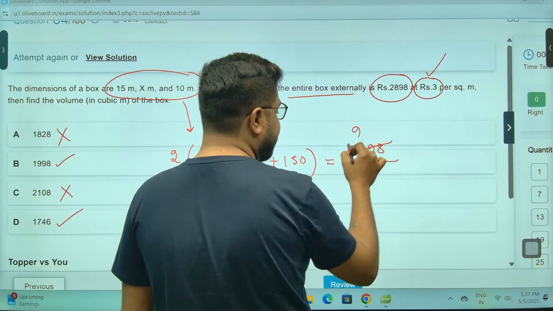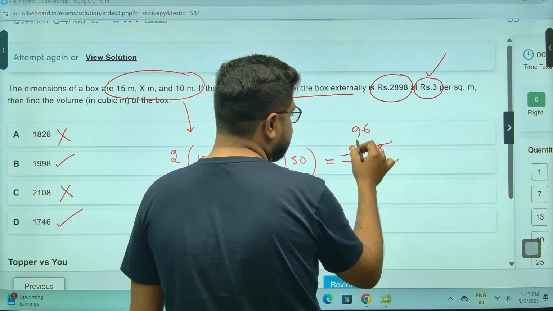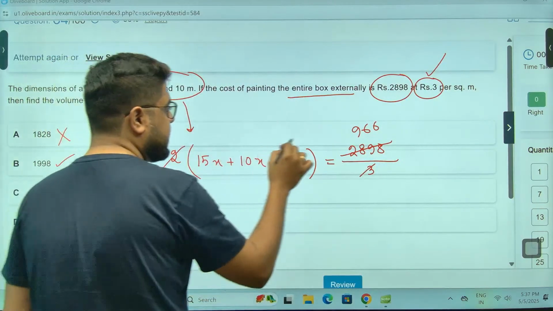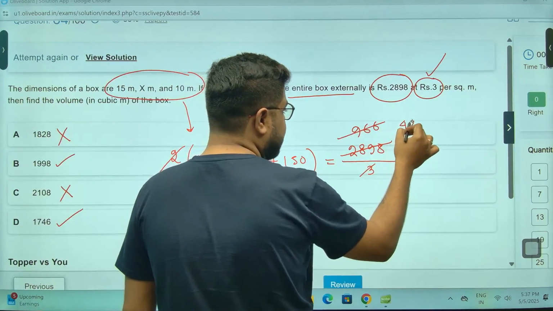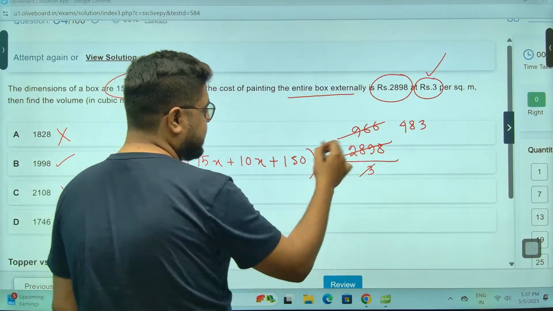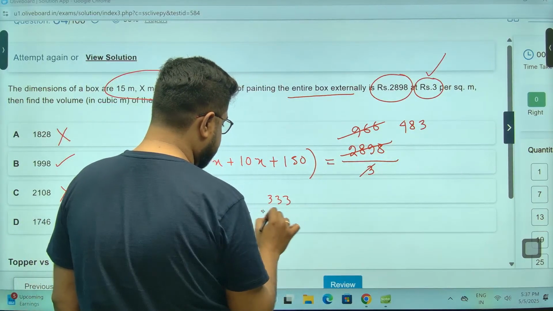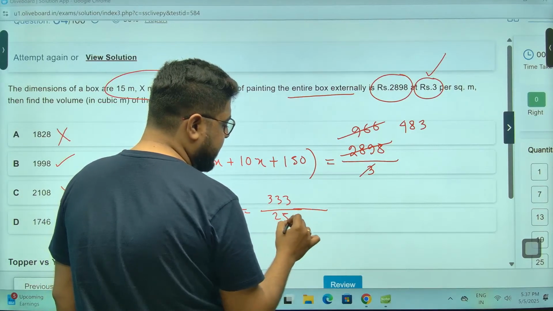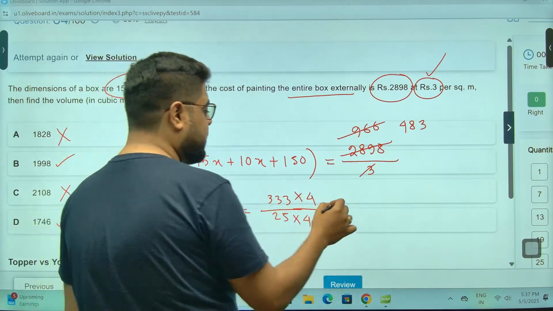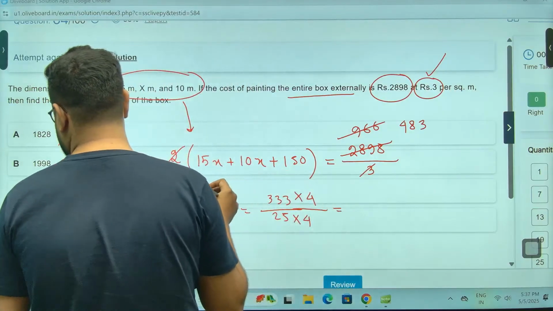So 3 nines are 27, 866, 166. And divide by 2, sir. 483. Sir, X will be 483 minus 150 by 25. So division by 25 means multiply by 4. So 333 into 4, this will be how much?